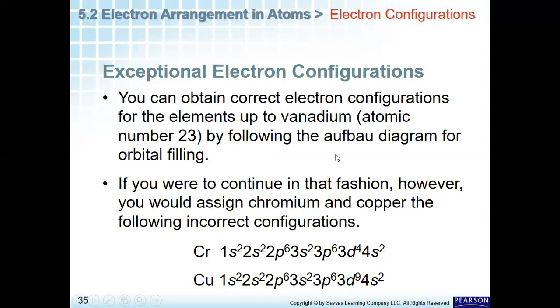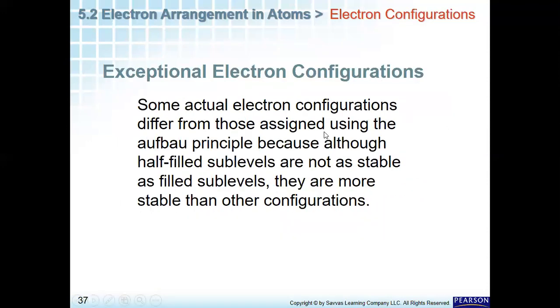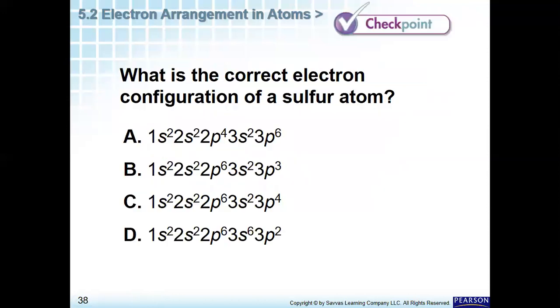So that is going to be exceptional for them, and that arrangement makes them more stable by a half-filled sublevel or a filled sublevel, for copper and chromium. Some actual electron configurations differ from those assigned using the above principle, because although half-filled sublevels are not as stable as filled sublevels, they are more stable than the other configurations.